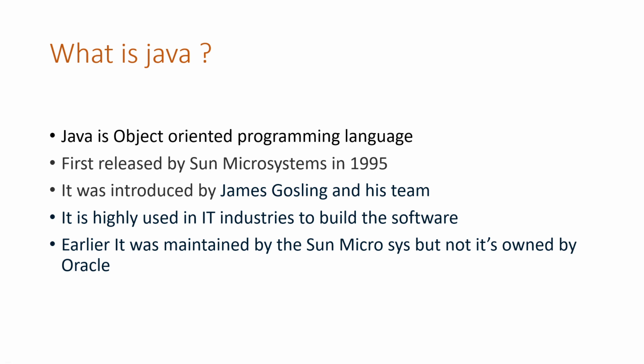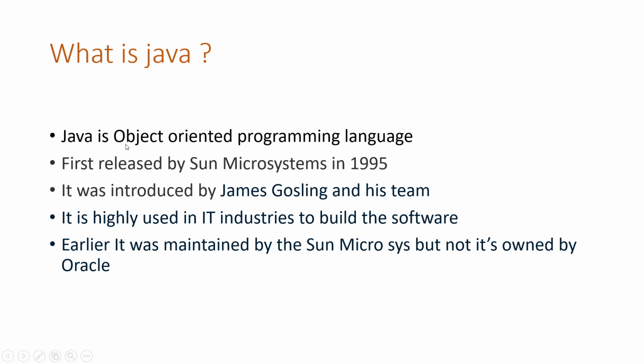So basically, Java is an object-oriented programming language. Now, what is meant by object-oriented programming? That we are going to cover in the upcoming sessions. Since it's just a start, I just wanted to give the features of Java, due to which it is the most popular language in the IT industry.